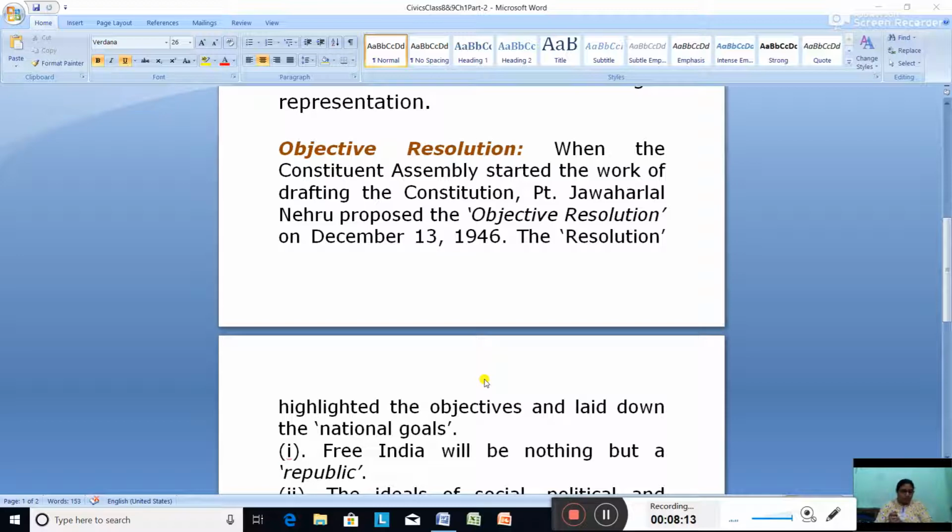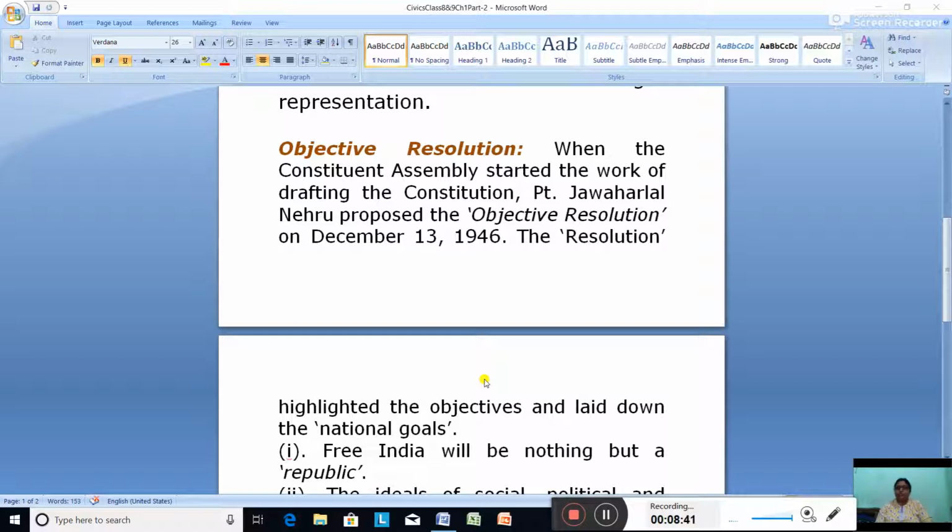Providing special safeguards to the minorities and certain classes who are socially and educationally backward. Incorporating the right to constitutional remedies to ensure that fundamental rights of individuals are not infringed by the center or the state government.